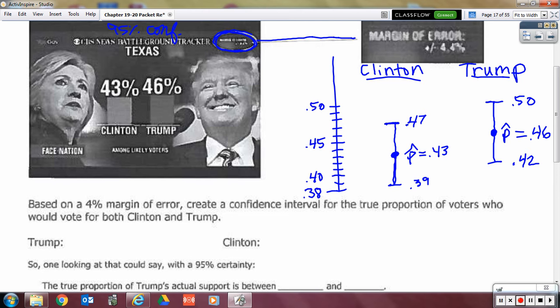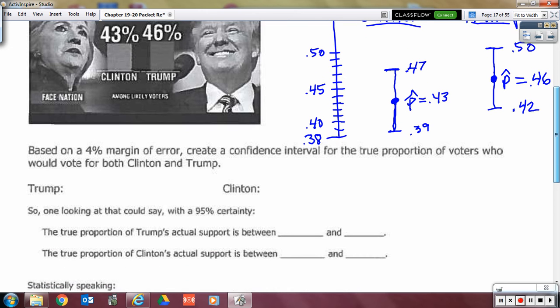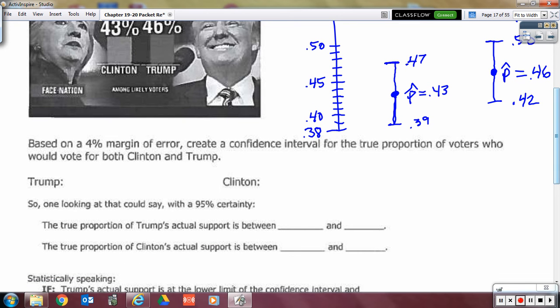All right, so let's fill in these numbers. One could say with 95% certainty that the true proportion of Trump's actual support is between what and what? Good, 42% and 50%. The true proportion of Clinton's actual support is between 39% and 47%.